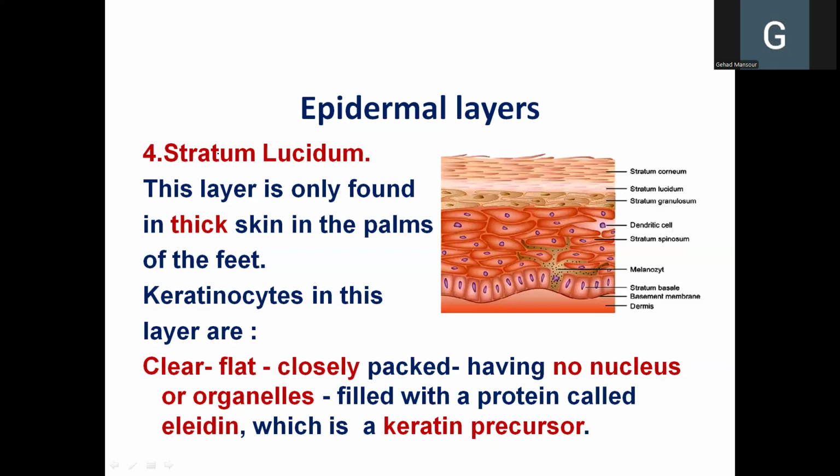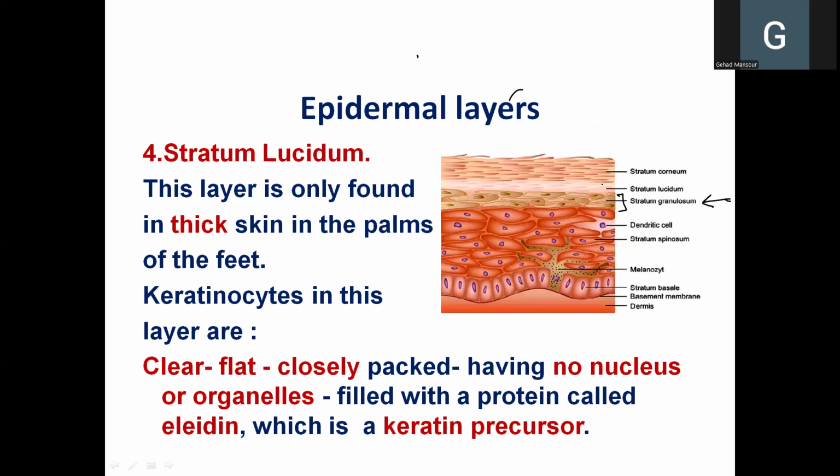Of course, because the layer underneath is the stratum granulosum, as you can see here in the picture. And the stratum granulosum is where death of the cell starts, because this is where keratinization occurs.